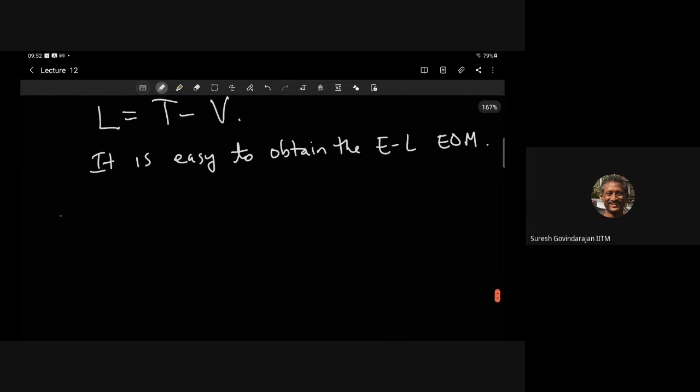So now we are going to include the rotation.